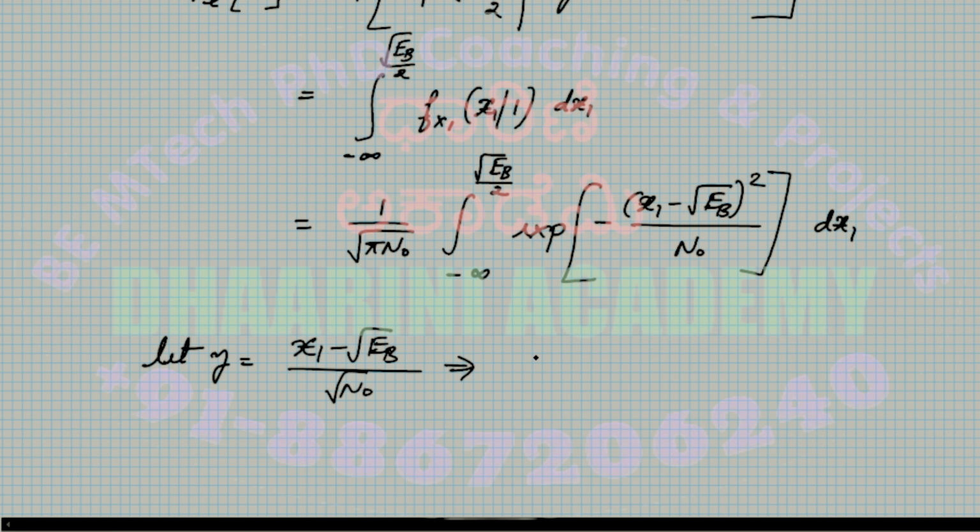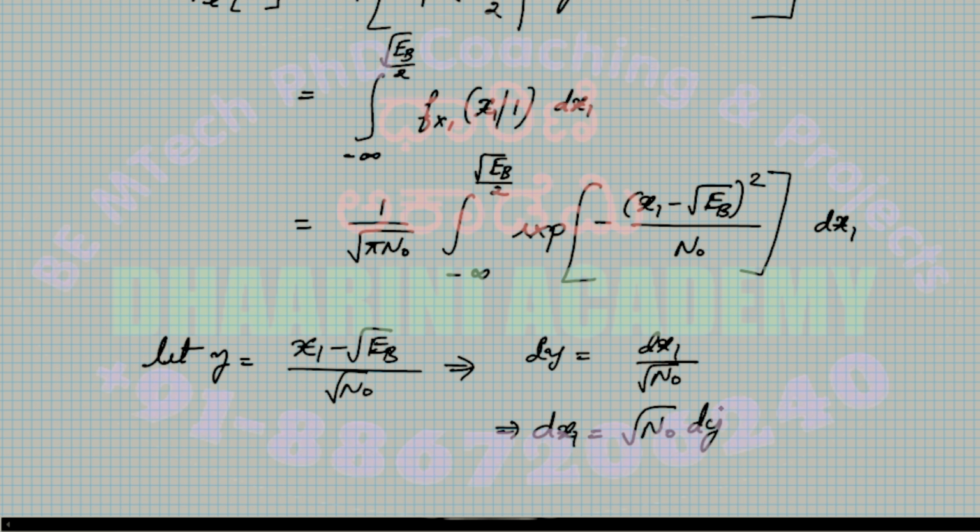So when I do dy, dy is equal to dx1 divided by root N naught. That's my substitution. So this implies you can substitute dx1 equal to root of N naught times dy.